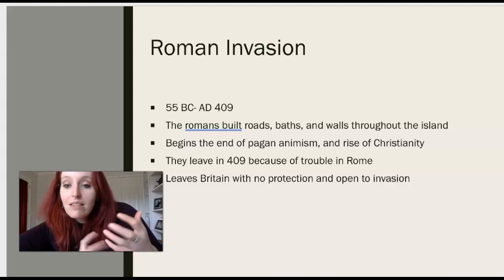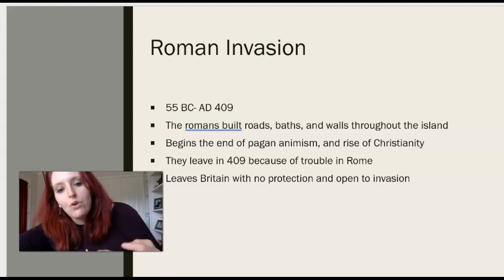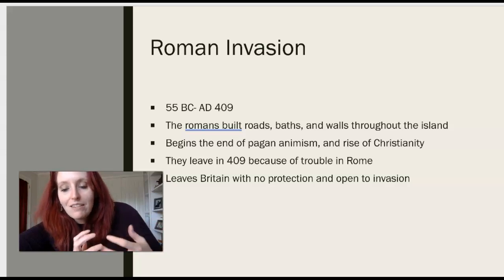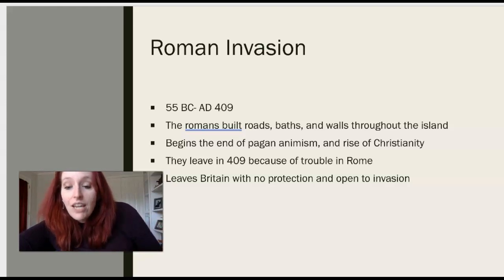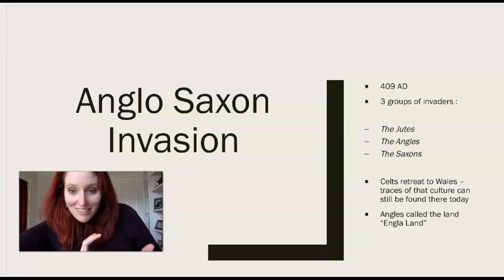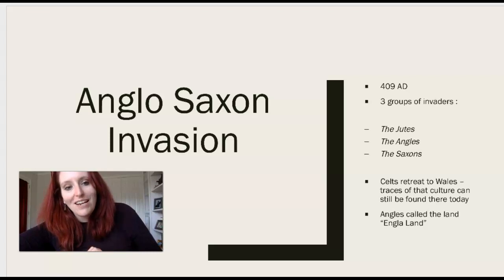But when they leave Britain with no real protection, it leaves them open to invasion, which brings us to the Anglo-Saxon invasion in 409 AD.